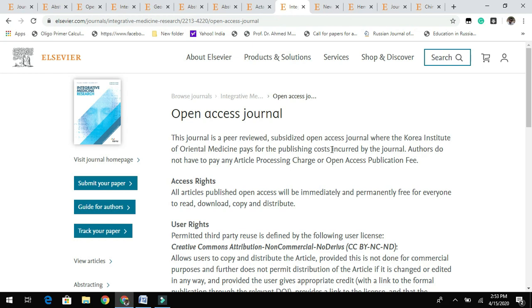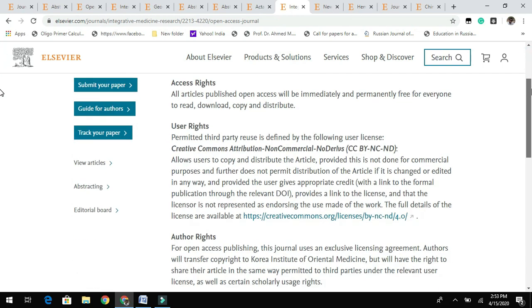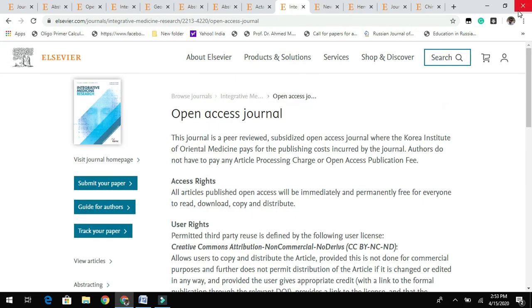So authors do not have to pay any article processing fees, which is very good. And we already saw it is indexed in both PubMed and Sci. So if you are looking for this journal, then please come read the author guidelines and submit your article if it is related to your stream.